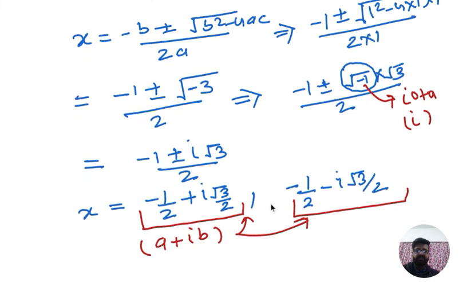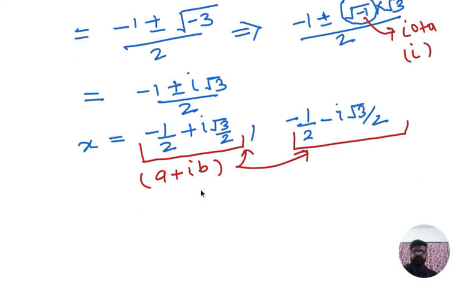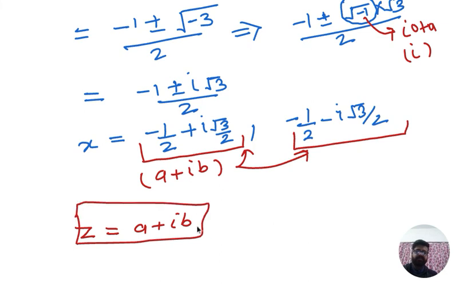So these kinds of values are called complex numbers, and a complex number is denoted by Z. Keep in mind, a complex number is always denoted by Z, and it will be in the form of a plus ib. So my dear students, this is our complex number.